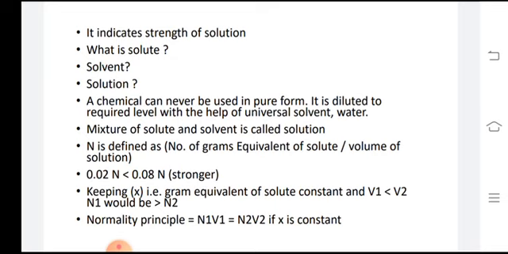Again, it is our dilution process, and it can be found in terms of concentration, because the solute divided by the volume gives the dilution factor. So if the volume is higher, the dilution is more, and when the dilution is more, it gives us lesser normality, lesser strength.